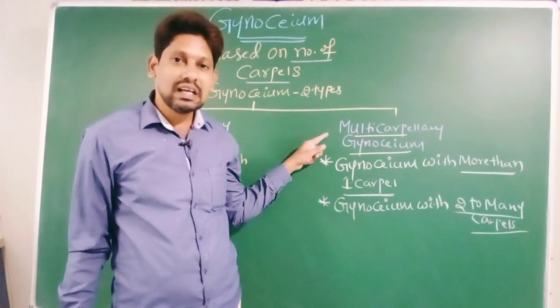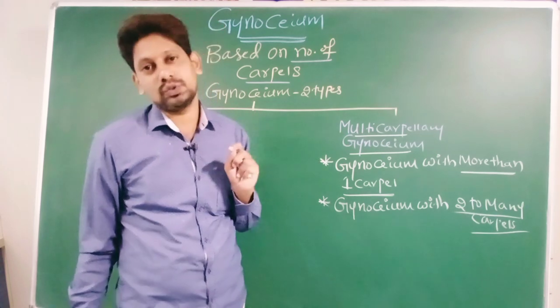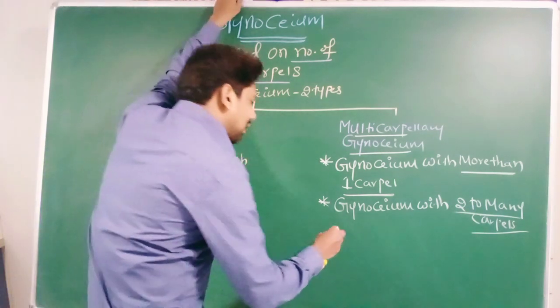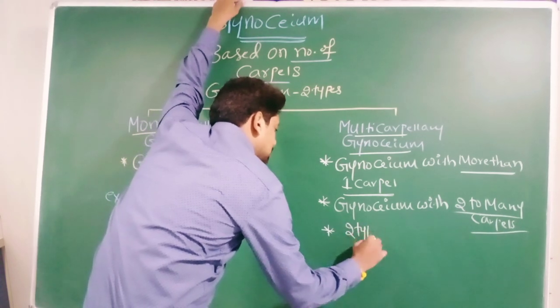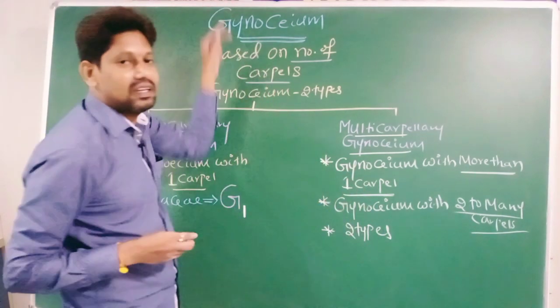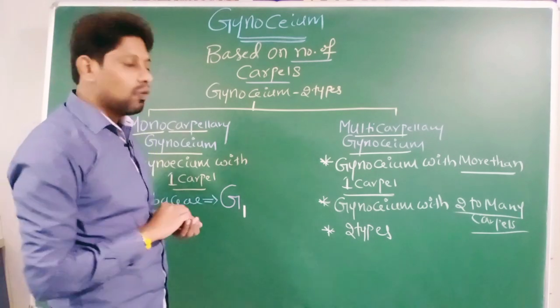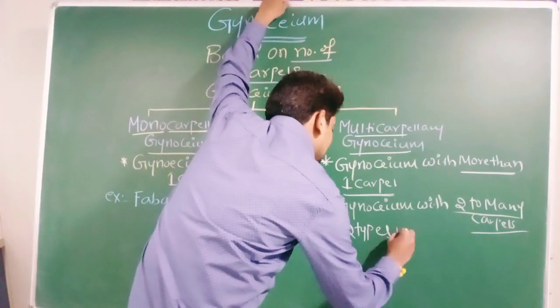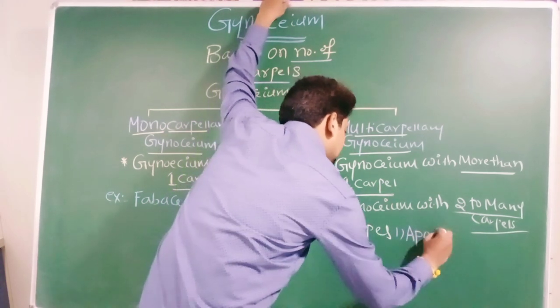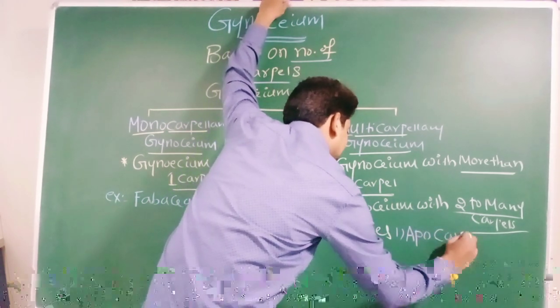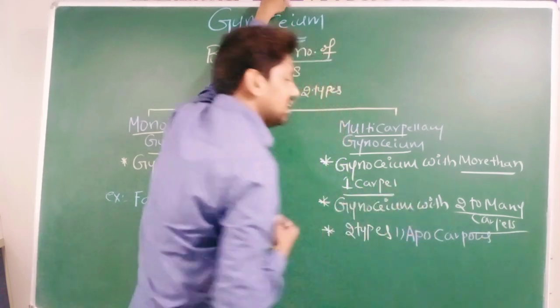This multicarpillary Gynecium is of two types. Multicarpillary Gynecium is of how many types? Two types. What are they, sir? First one is Apocarpous Gynecium.